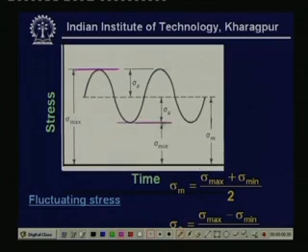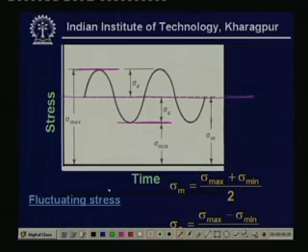This is the minimum stress, and somewhere in between we have what we call the mean stress or average stress. That mean stress or average stress is defined by the relationship sigma mean equals sigma max plus sigma min by 2.